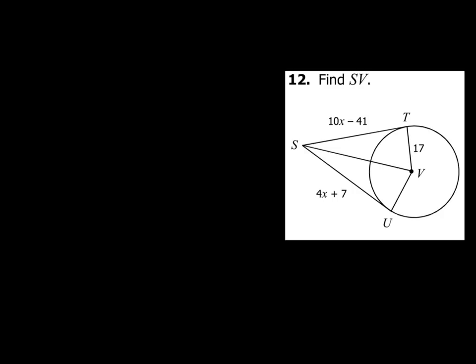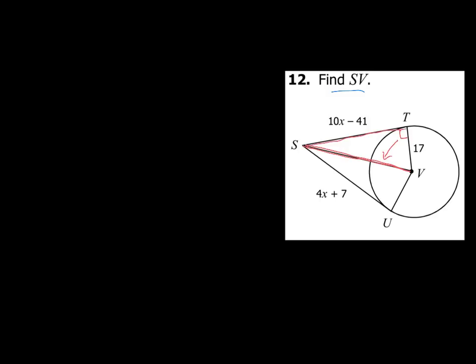For number 12, our approach is going to be very similar. So they want us to find the length of SV, and SV is this segment right here. What I know, or my assumption rather, is that we are tangent at point T, which makes this the hypotenuse.